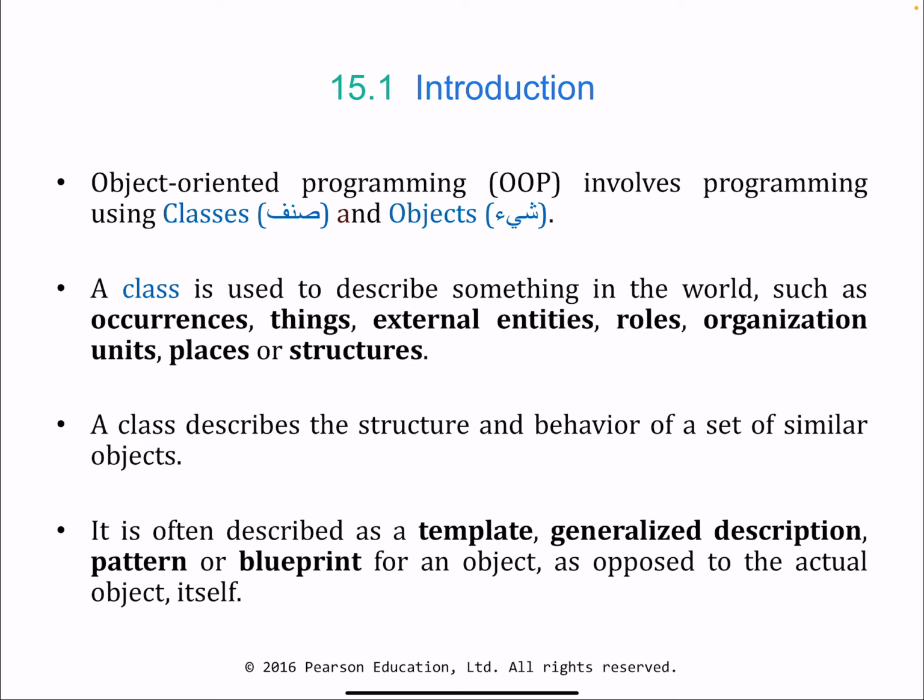Object-oriented programming, or OOP for short, involves classes and objects. A class is used to describe something in the real world, and that can be something tangible, something intangible, even events, and I'll show you some examples. It can be occurrences, things, external entities, roles, organizational units, places, structures, whatever makes sense in the context of the problem you're trying to solve, the program that you're writing.